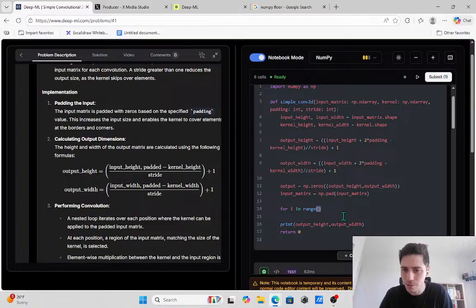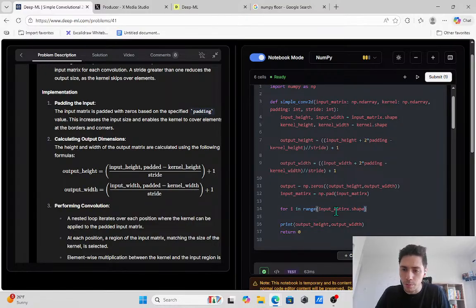For i in range, output height, no. Input height.